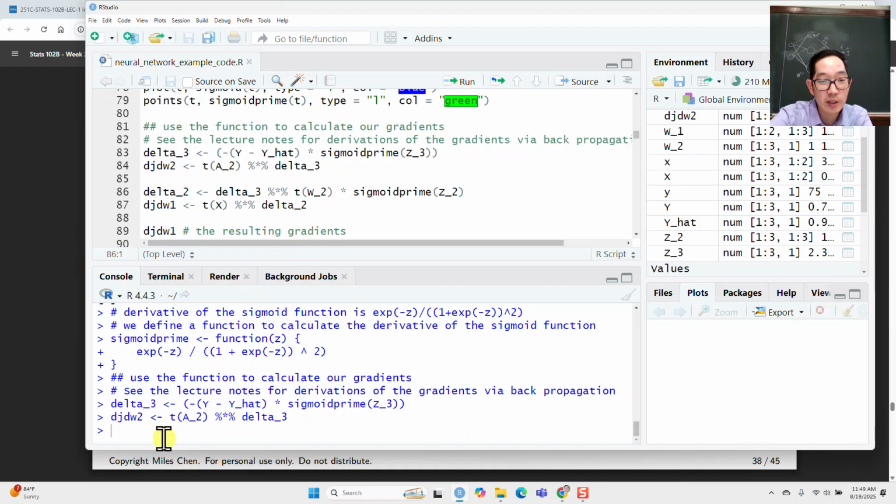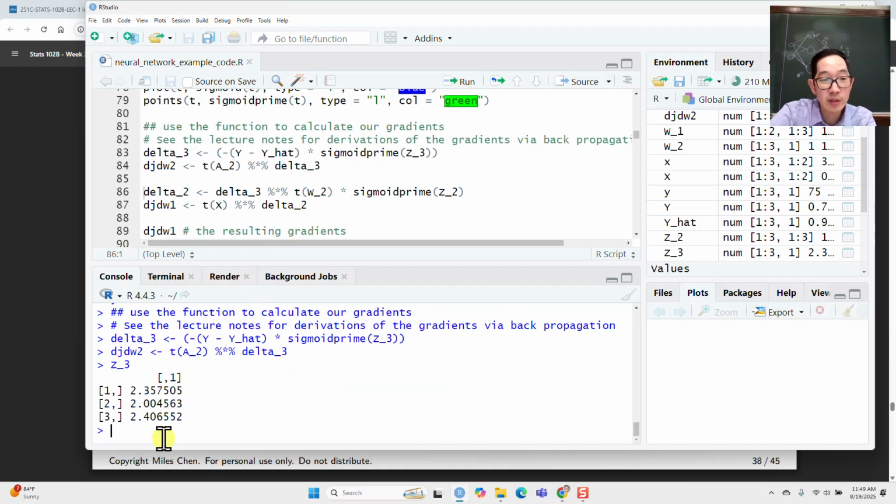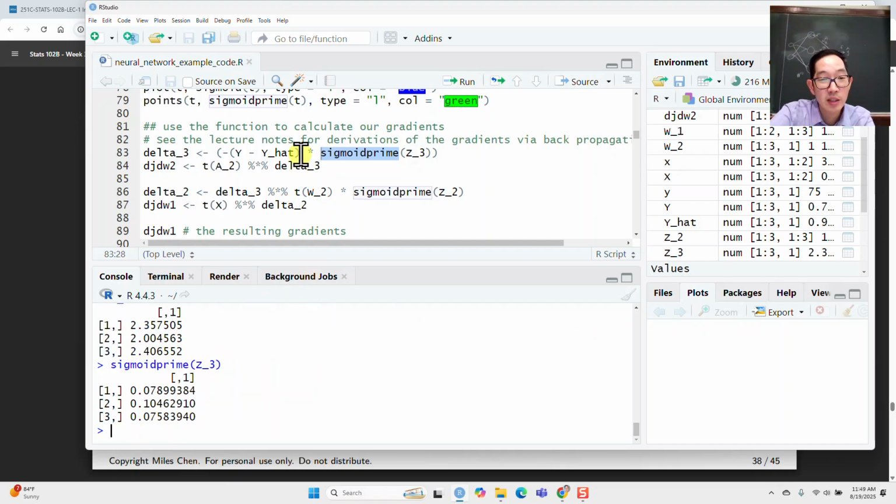Okay, so Z3 is 3 by 1, and I can apply sigmoid prime to Z3, and that's also going to be 3 by 1. Okay, and then Y minus Y hat is 3 by 1, and so I can do element multiplication between this and this. Right?